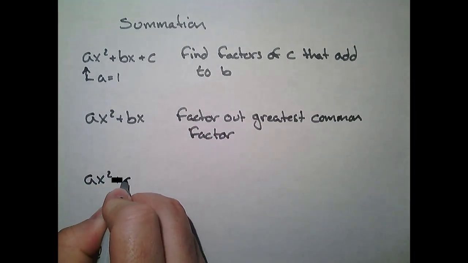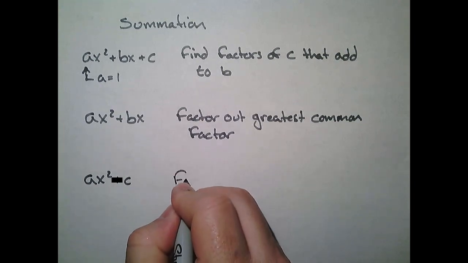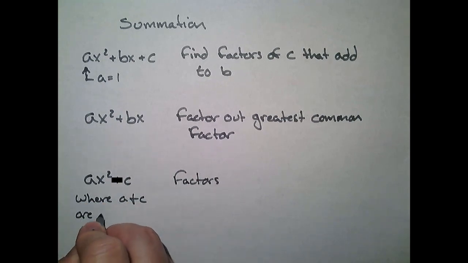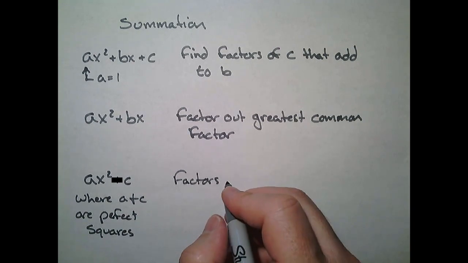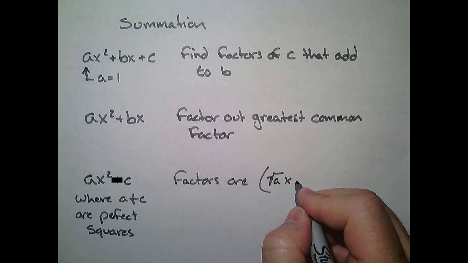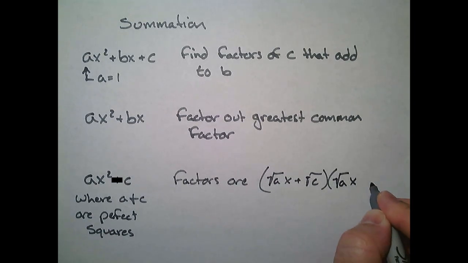And then finally, when we have ax squared minus c, where a and c are perfect squares, then our factors are going to be the square root of a times x plus the square root of c, times the square root of a times x minus the square root of c.